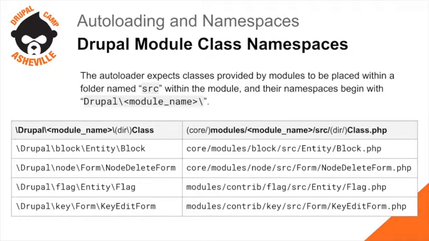I was limited by space here, but you could have a class with a namespace this long. And as long as it matches the actual folder that file lives in, you're good to go.